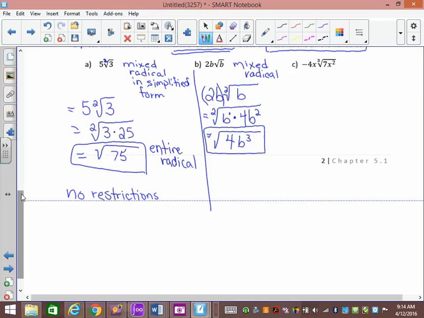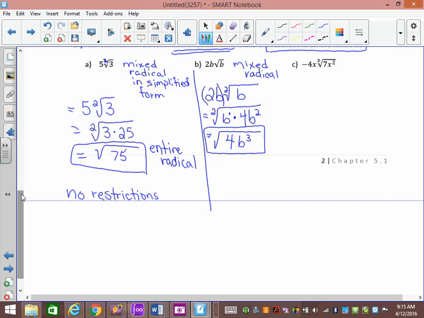Trick question. Square root of 0 in your calculator. Square root of 0 is 0. 0 is okay. You just can't have negatives, okay? So what if I put in a 1? Then I'm okay. What if I put in a negative of any kind?